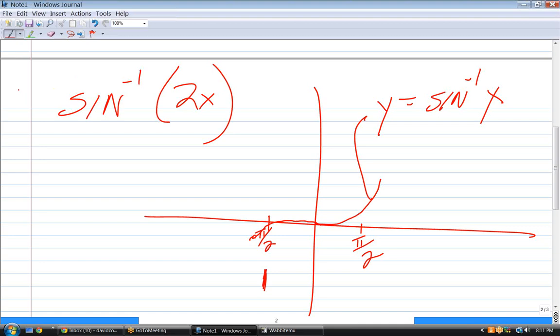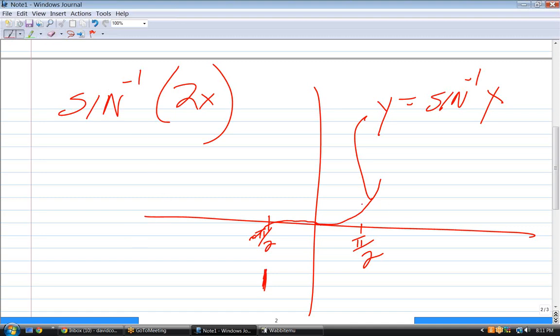When you have the number in front and it's greater than 1, it's a vertical stretch. If it's between 0 and 1, it's a vertical shrink. But when the number is in front of the variable like this, if it's greater than 1, it's the opposite. It's a shrink. If it's between 0 and 1, it's a stretch.